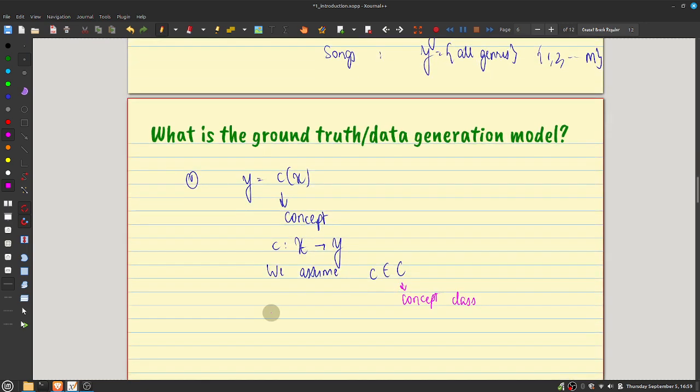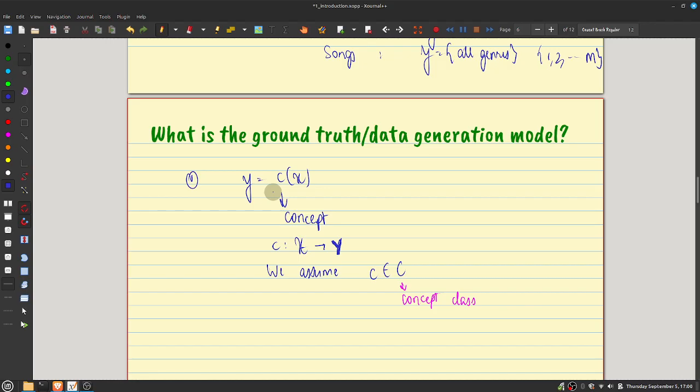Little y is the label, and this is the label C of some x. So C is a function. Let's do it step by step. C is a function from the domain set to the label set.